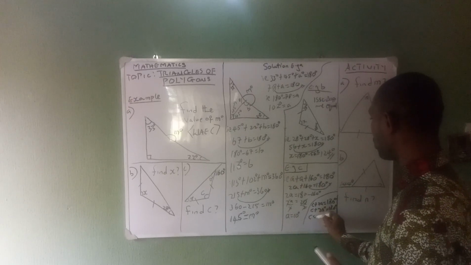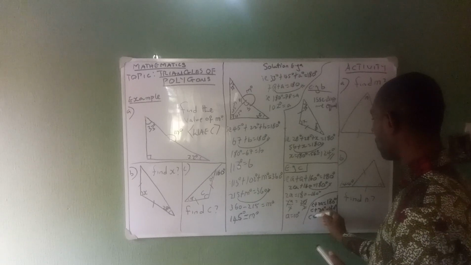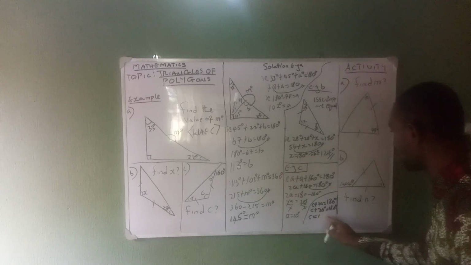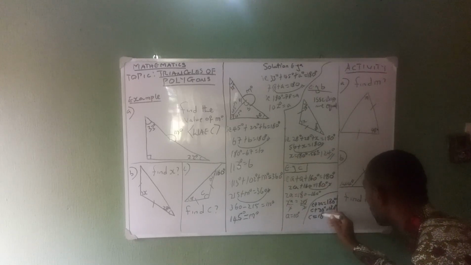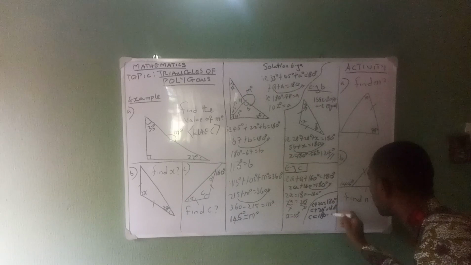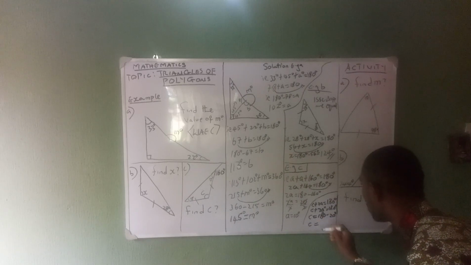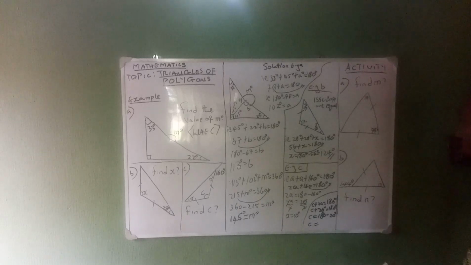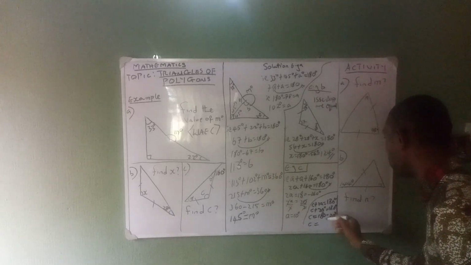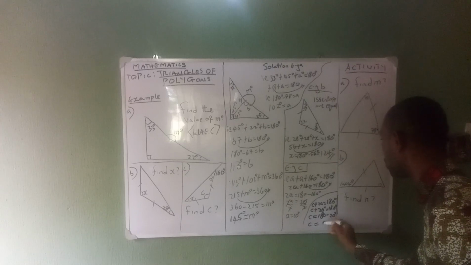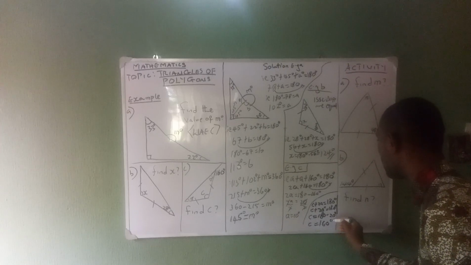So our C will now be equal to 180 degrees minus 20 degrees. 180 minus 20: 0 minus 0 is 0, 8 minus 2 is 6, and I have 160 degrees.